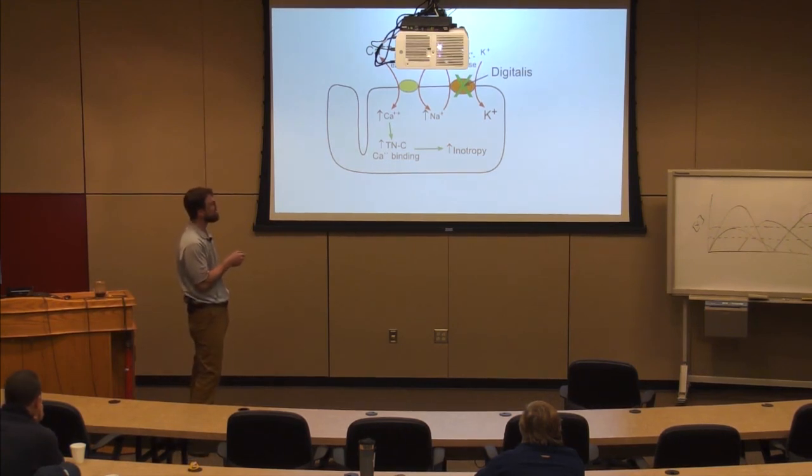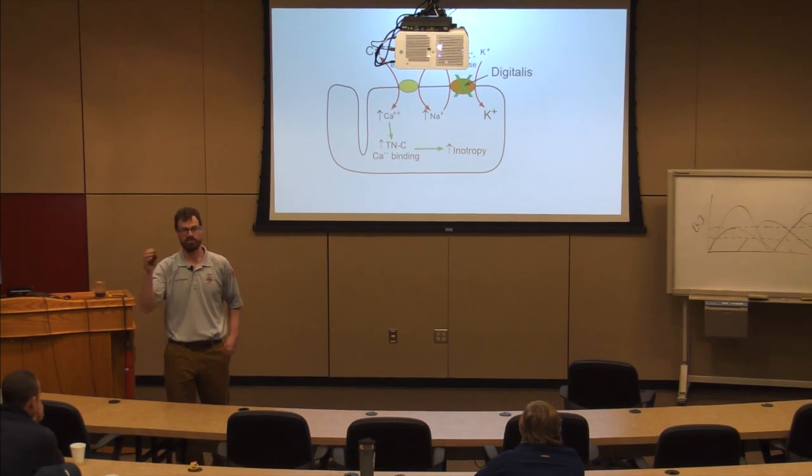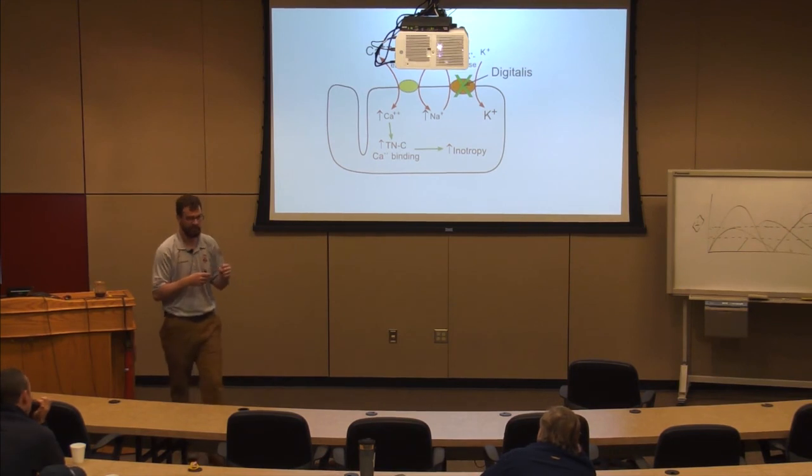And I get the secondary benefit by altering the amount of sodium that I have. So I don't have as much sodium out, so I'll push more this way. Well, I'll also get more calcium in, which makes my force of contraction stronger. So you'll see it in heart failure patients to slow the heart down and to make every squeeze more powerful. So you'll see it a lot in heart failure, okay?